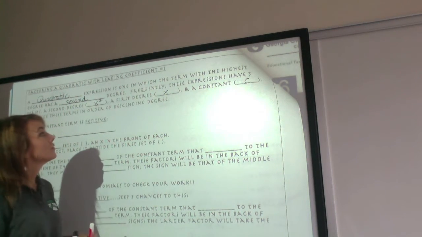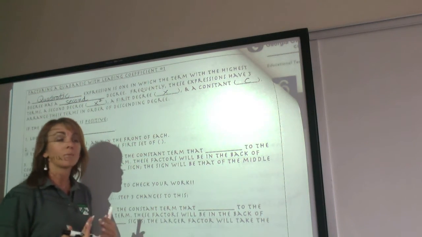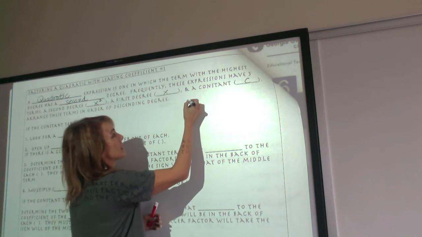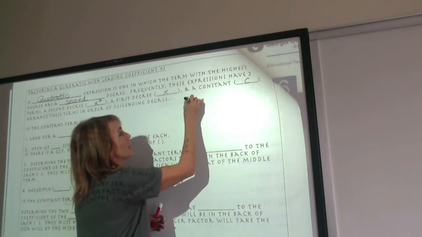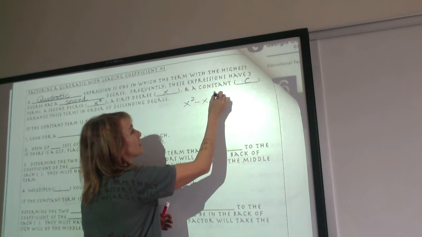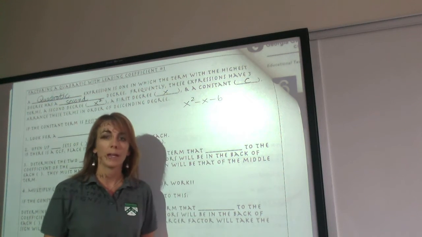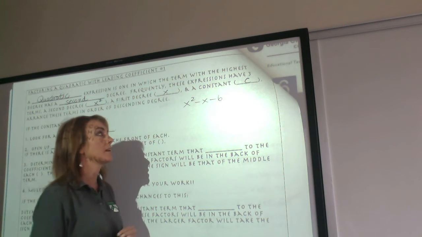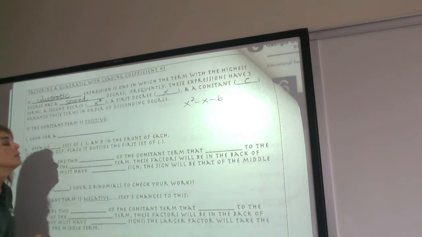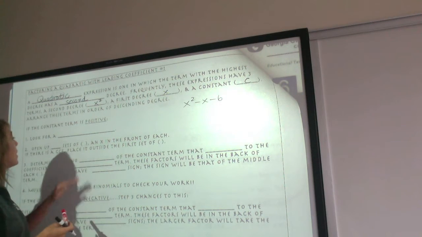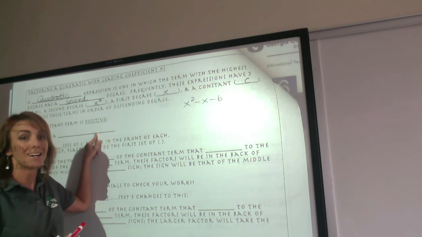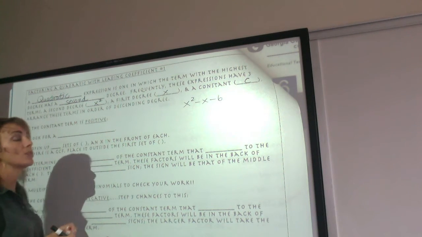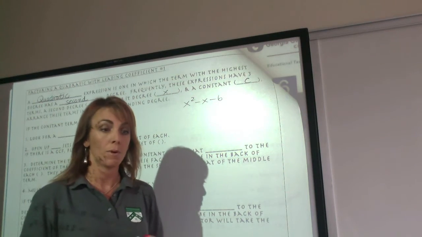So if you see something that is in that form, for example, x squared minus x minus 6 would be an example of a quadratic that can be factored using this technique. So let's take a look. If our constant term is positive, then we're going to use this rule.